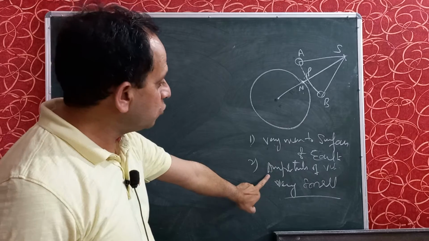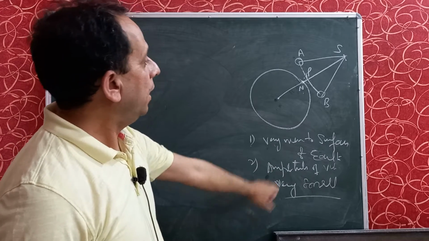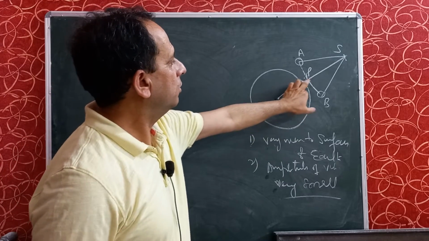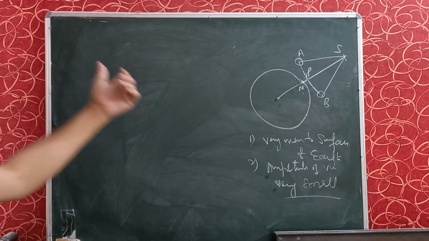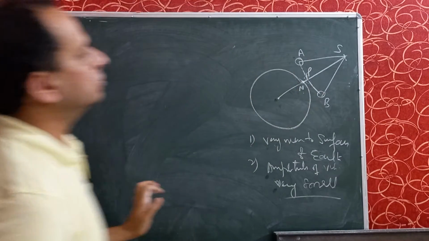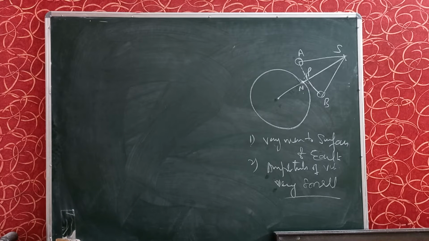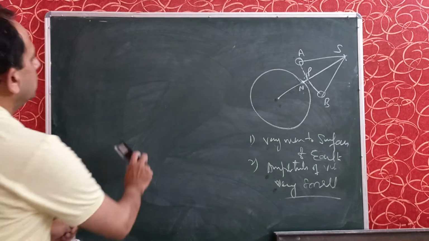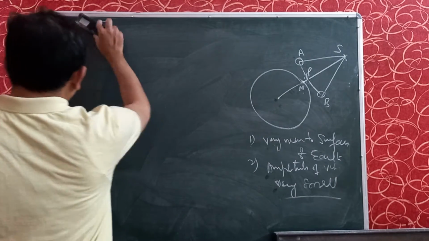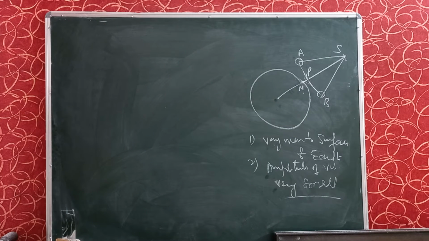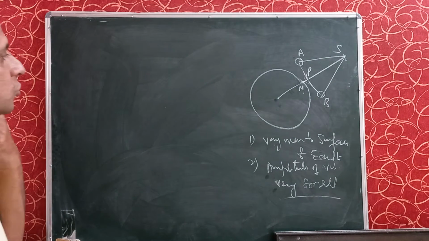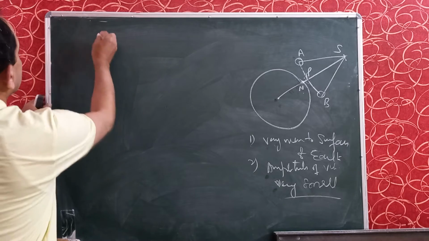Therefore, the amplitude must be very small and it is very close to the surface of Earth, because we consider the gravity on Earth to be the same as the gravity at point P. So P is very near to N. These are two conditions for a simple pendulum. These conditions are already known to you. Now we will prepare the equation of motion. What is the equation of motion?